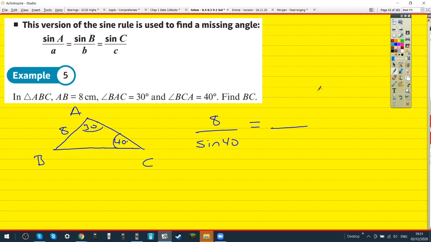Is that equal to one of the sides? Yep. We want BC. Oh, so is that BC then? So that's equal to BC over sine 30. Yes.